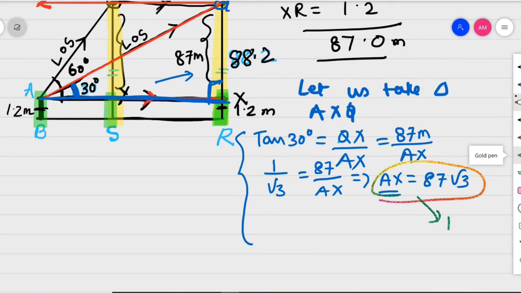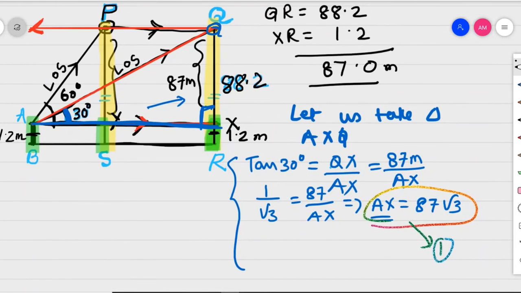This is your equation 1. Now let us proceed to equation 2. Let us go for the next triangle. First we have taken the triangle AXQ. After AXQ you have AYP. Now let us take triangle AYP.